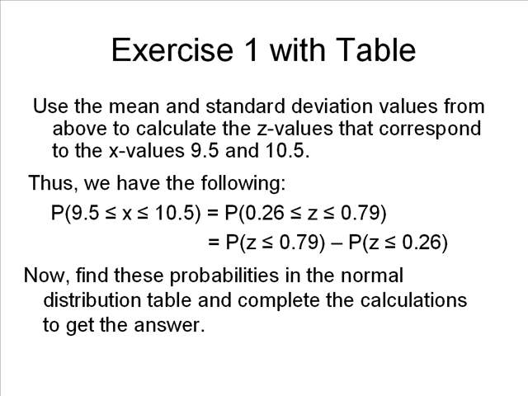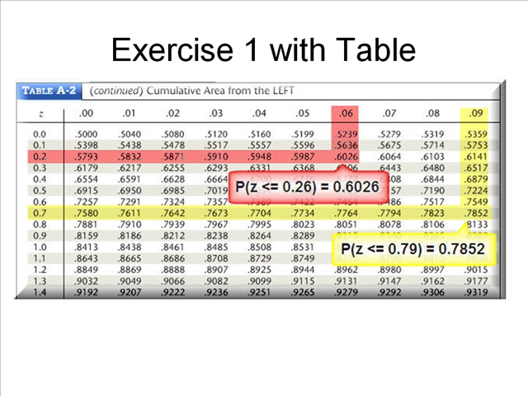In the normal distribution table, look on the left, you see your z-value is 0.2. On the top, you have 0.06. You come down and you see that value is 0.6026. Similarly, you have 0.7 on the left and 0.09 on the top, which gives us 0.7852. So the probability that z is less than or equal to 0.26 is 0.6026.